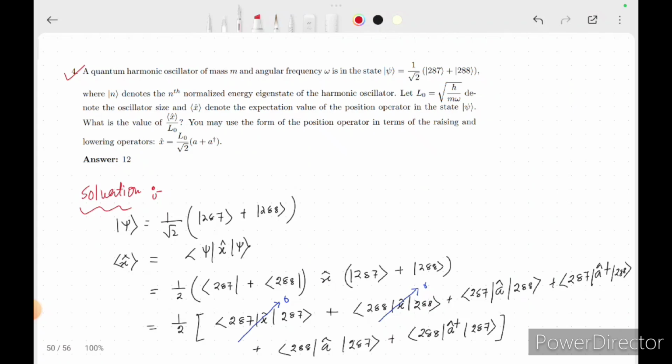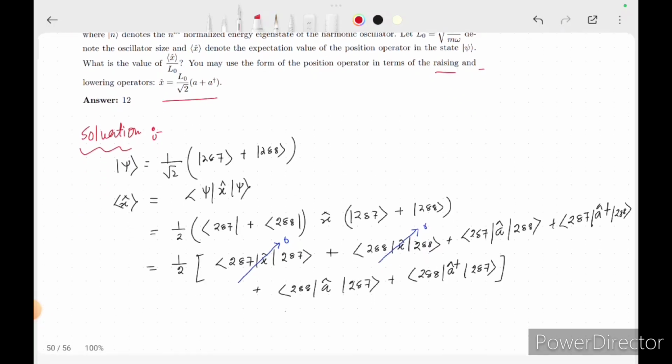The expectation value of x cap denotes the expectation value of the position operator in the state psi. So what is the value of the expectation value of x upon L0? You may use the form of the position operator in terms of raising and lowering operators, which is already given. So okay, it's a very easy question.